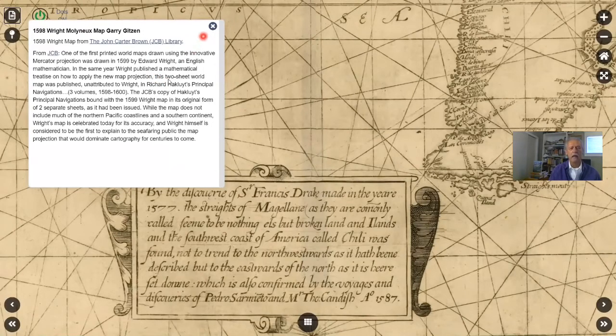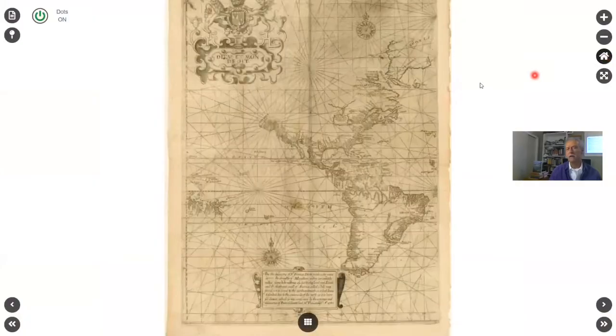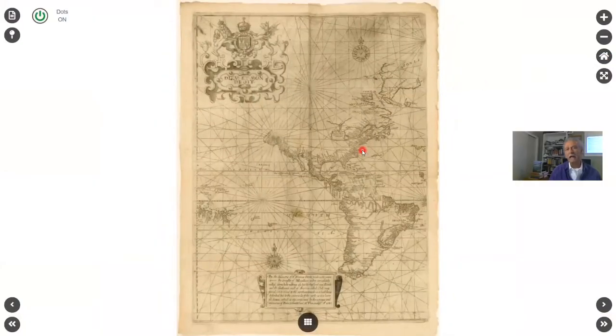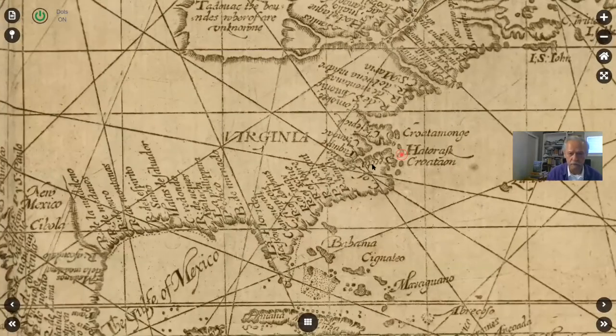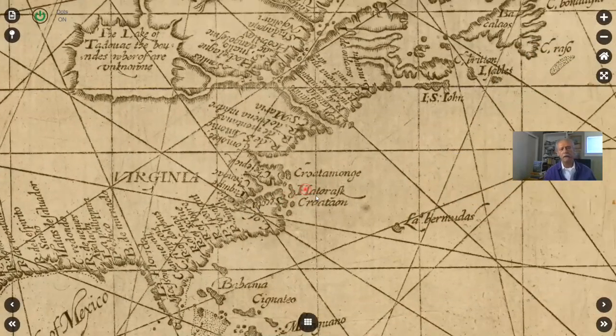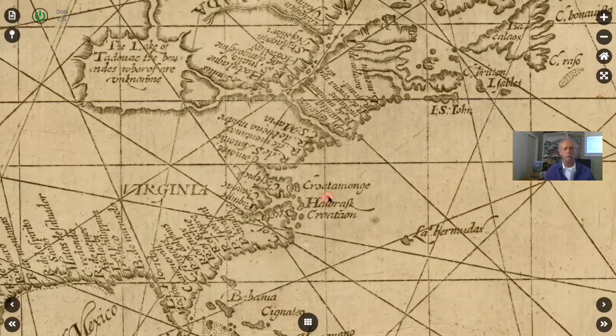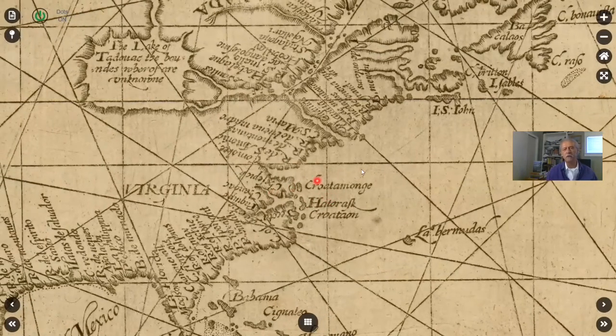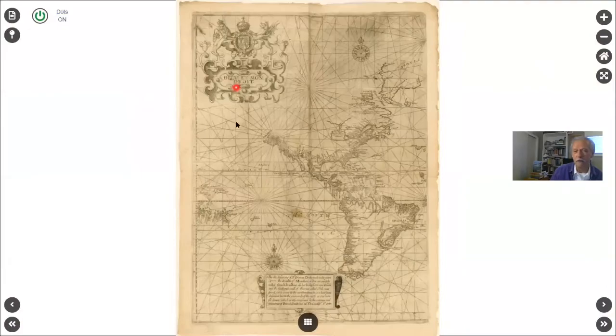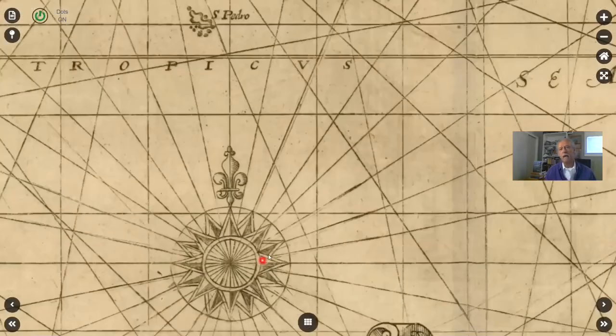The Wright chart first appeared in Richard Hakluyt's 1599 volume of Principal Navigations, Voyages, Traffics, and Discoveries of the English Nation. And this particular version that we're looking at is the 1600 version. The only thing different is the cartouche in the center at the bottom of this map.